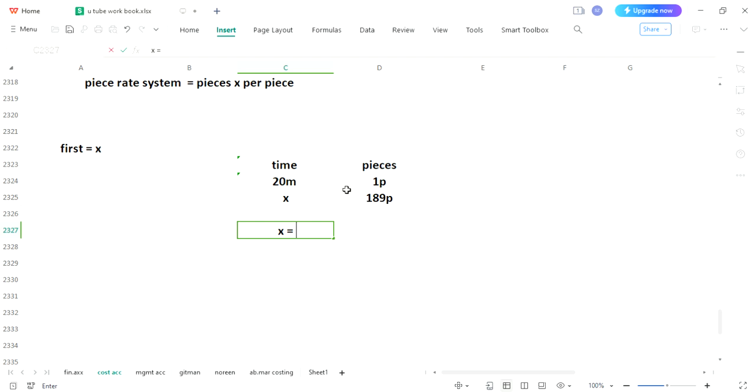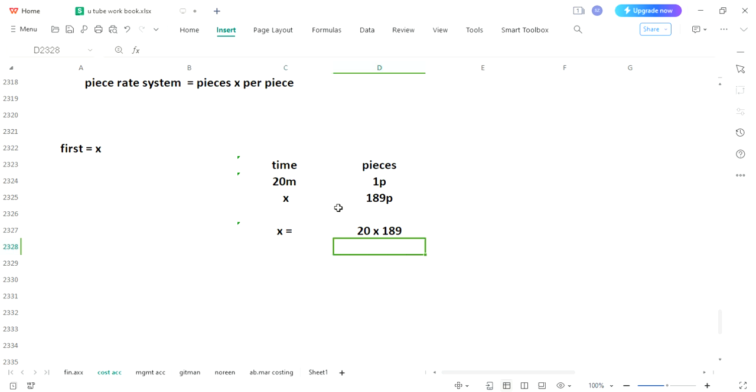Now cross multiply. 189 multiplied with 20 on the right side of the equal sign is equal to 20 multiplied by 189. 20 would be multiplied by 189. In this way we have got our answer.